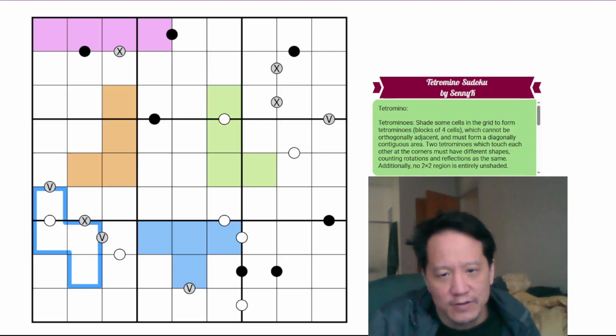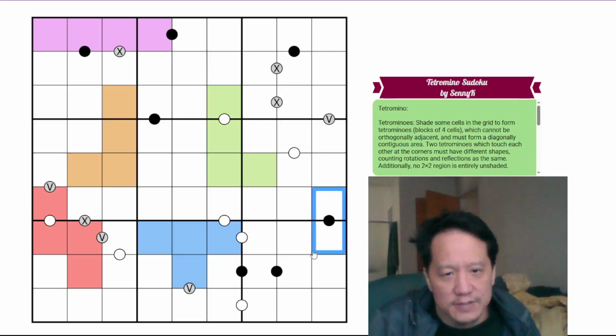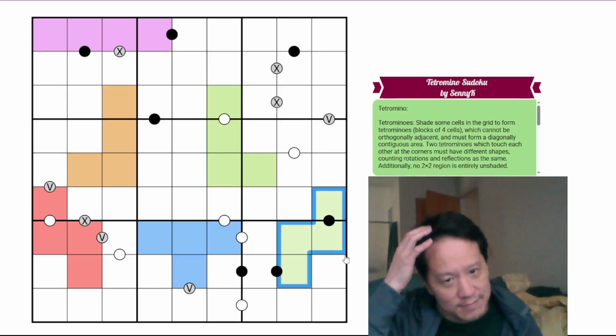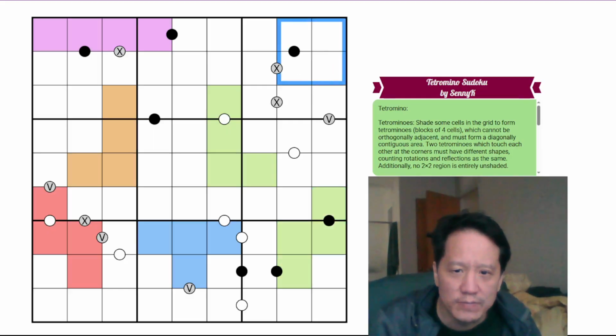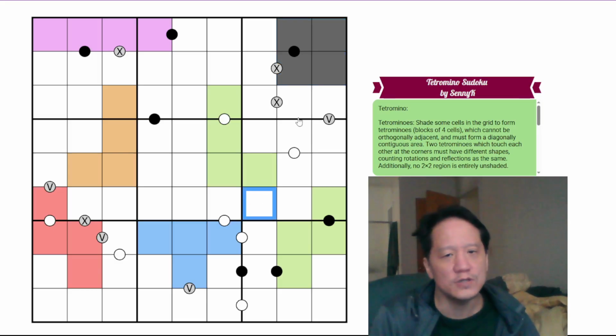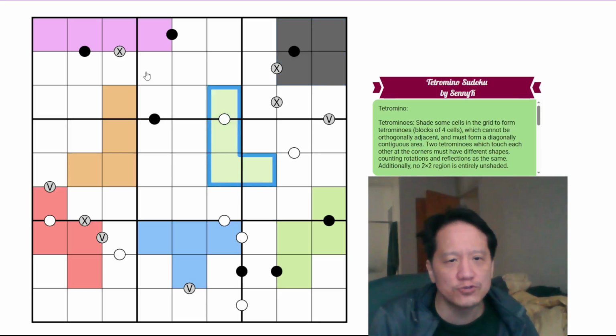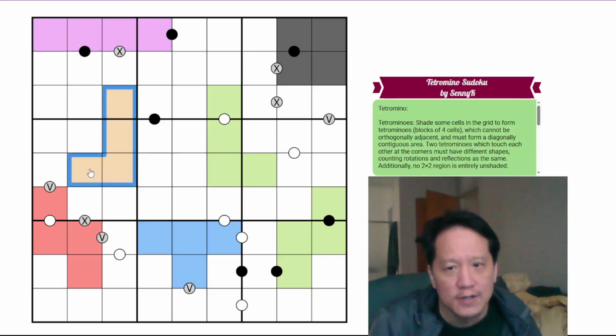Is that N? I don't remember if that's N. Z. Which one's Z? Yeah, I think this one's Z. And then there's the square. So those are the shapes you can have.